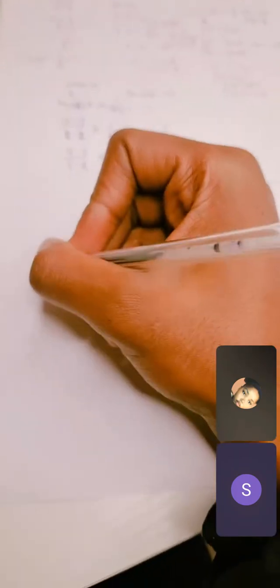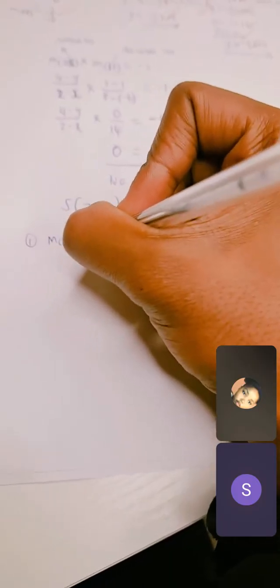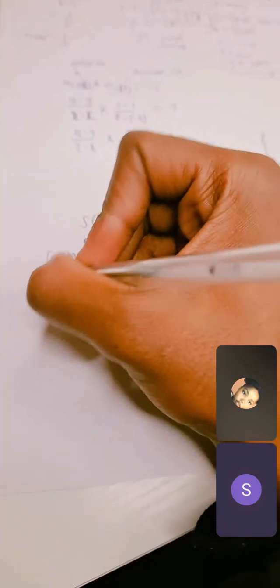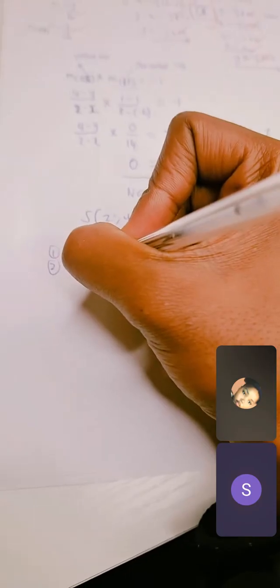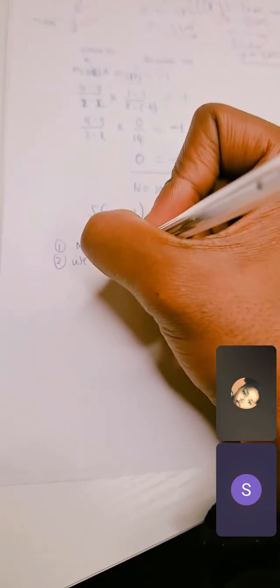We can find the gradient, and then we can use point P, which is -6 and 1, to find the y-intercept, which is c.